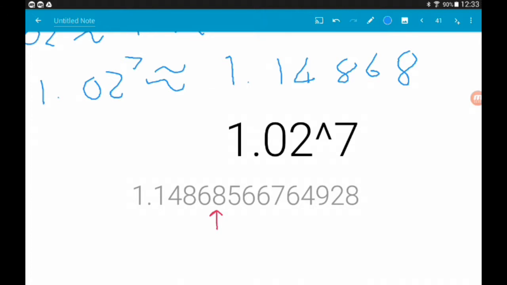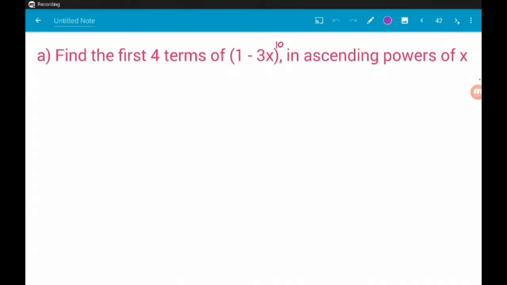Okay, let's do some more. Okay, example 2, we want to first find the first 4 terms of 1 minus 3x to the power of 10 in ascending powers of x. So, this is a slightly trickier expansion where we have a coefficient on the x.